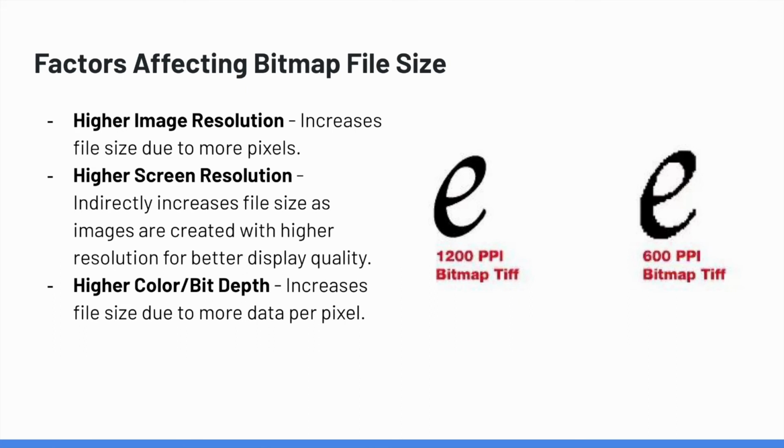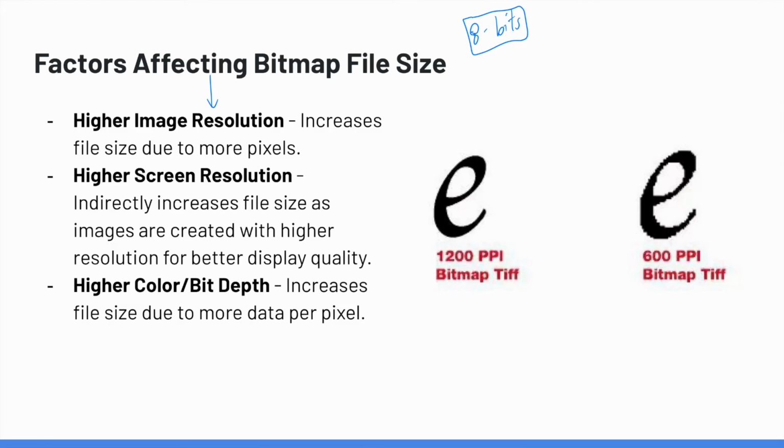Now, beyond just looking at image quality, file size is also important, particularly when we want to do things like email images to other people or upload them to a website. As a rule, the higher image resolution we have, the higher the file size is going to be. Because remember, each pixel is going to have a bit depth, maybe like 8 bits. And the more pixels we have, the more of these 8-bit units we have, right?